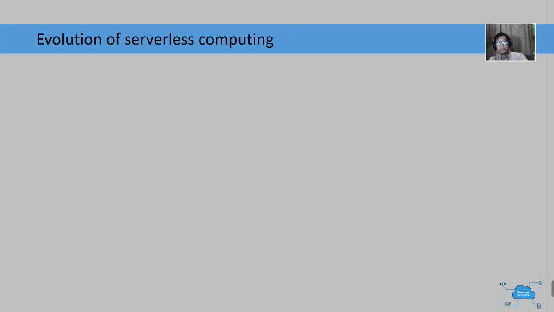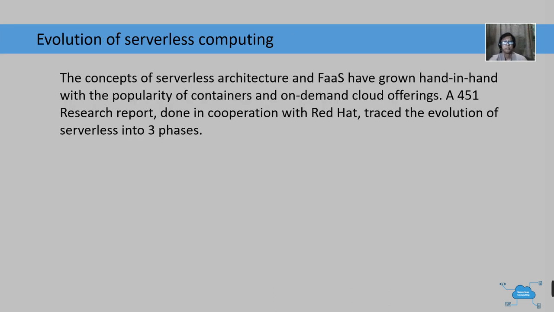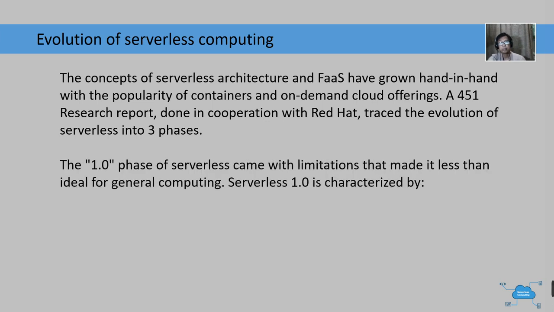Now, the evolution of serverless computing. The concept of serverless architecture and FaaS have grown hand in hand. With the popularity of containers and on-demand cloud offerings, a 451 Research report done in cooperation with Red Hat traced the evolution of serverless into three phases. The 1.0 phase of serverless came with limitations that made it less than ideal for general computing.